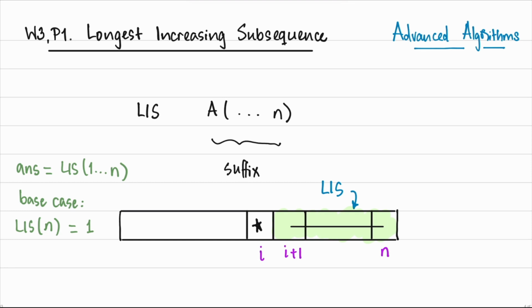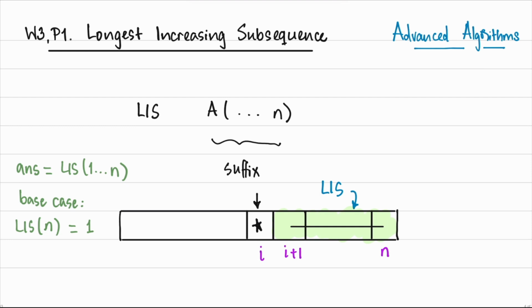And in particular, what we want to know is, is there some longest increasing subsequence in that green subarray such that if I were to add this element to it, it would still remain an increasing subsequence? Because if it does, then that is what would qualify as a longest increasing subsequence.